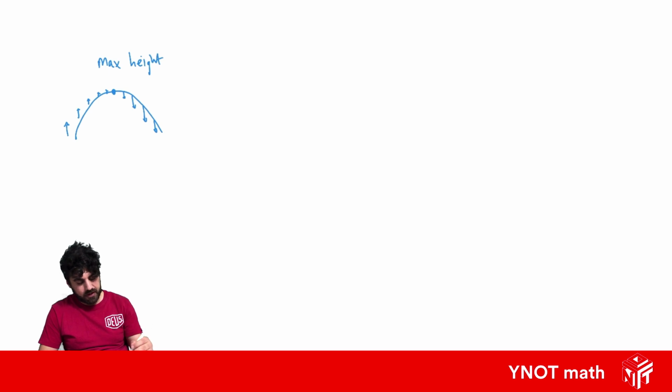So if we have a look at our velocity vector, that's v cos theta i plus (v sine theta minus gt) j. And the y component of the velocity is right here, and we need that to be 0 for the maximum height.